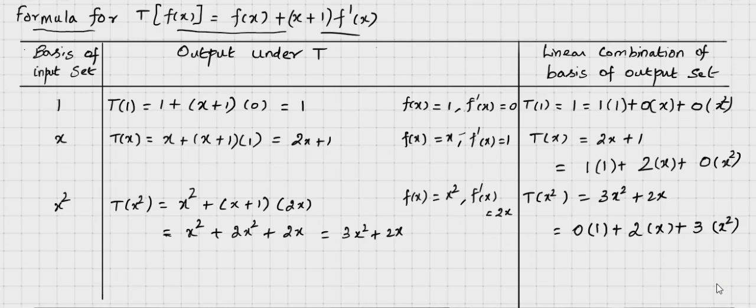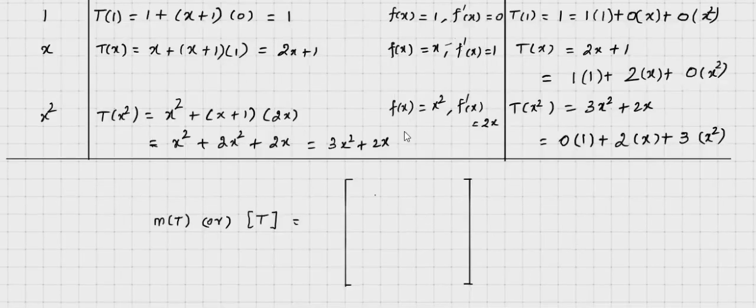Now the next thing is the result, how we are writing the matrix. Okay. Now we are going to fill the matrix. See, here we will be writing the basis of input set. In this problem we are having the same input as well as same output.